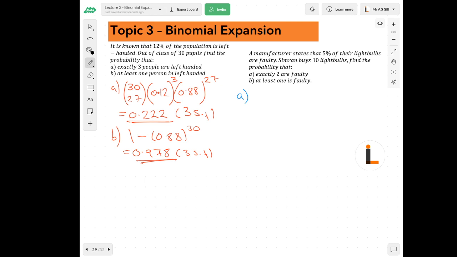Very similar questions here. So I'm just going to start filling in question A. So all I've done so far is take the information from the question, right?